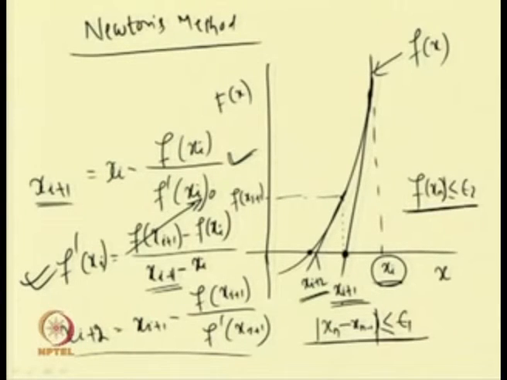Here I have written this as epsilon 1. I can take this epsilon 1 and epsilon 2 of the order of 10 to the power minus 6 or less than this to find an accurate solution.